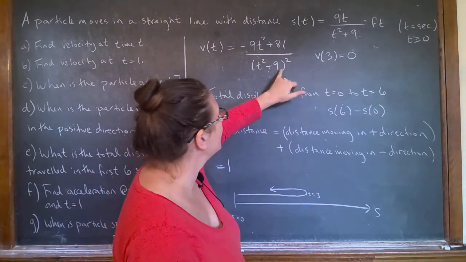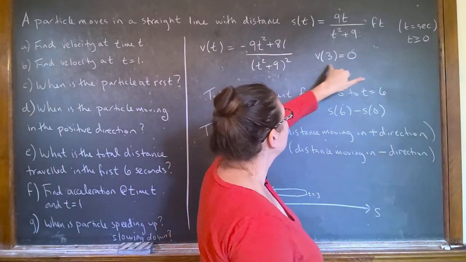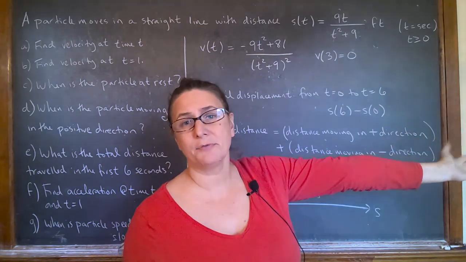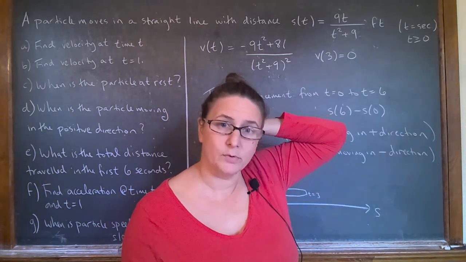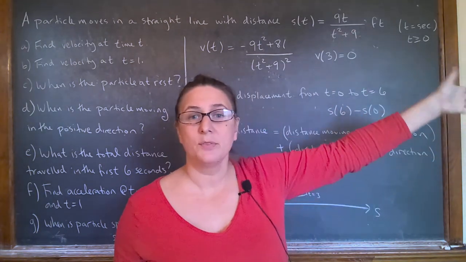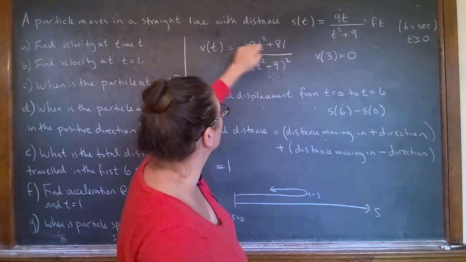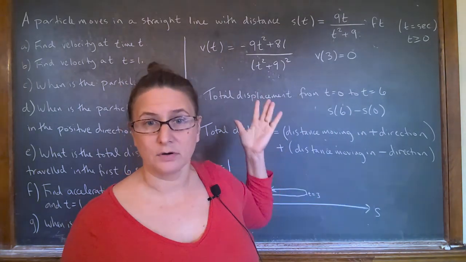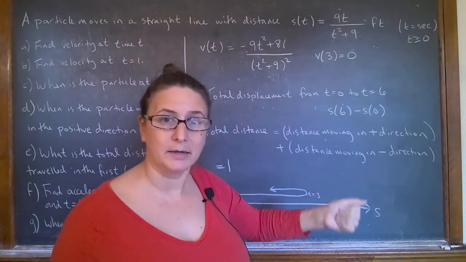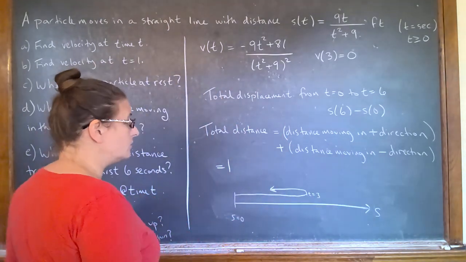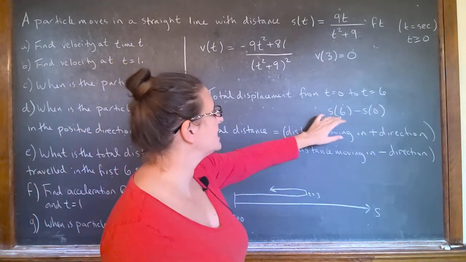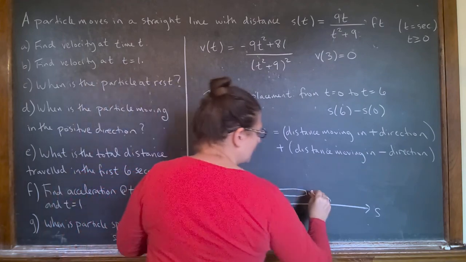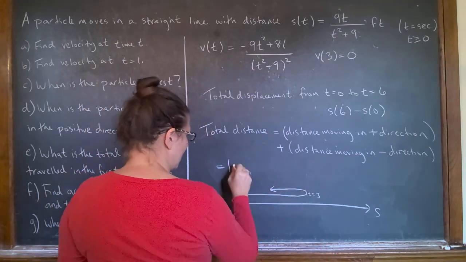That's where it changed. When I did my sign chart, I found out that for this function, I go forward until I hit 3, and then for the rest of the time, I'm going backward. Because there's no other point after 3, the whole thing is going to be negative forever. So regardless of whether they said 6, I'm still going to be moving backwards. So I have to do the part that I'm moving forward up to 3.